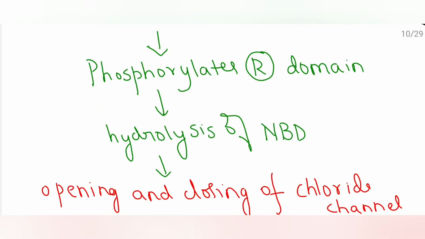So there is phosphorylation of the regulator domain. This results in hydrolysis at the cytoplasmic domain, that is the nucleotide binding domain, thereby there is opening and closing of the chloride channel. This is the structure and function of this CFTR gene.